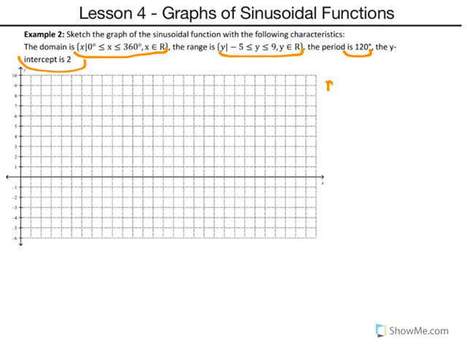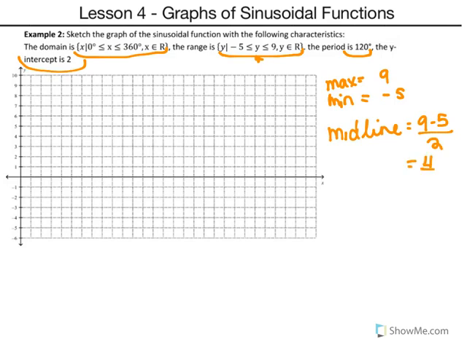So, because we have our range, our max is 9, and our minimum is -5. Our midline then would be at 9 minus 5 divided by 2, which is 4 over 2, which is 2.